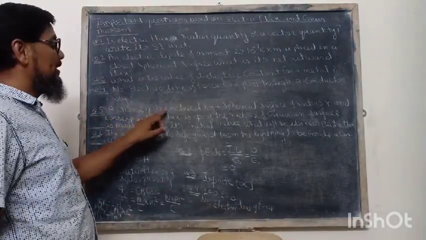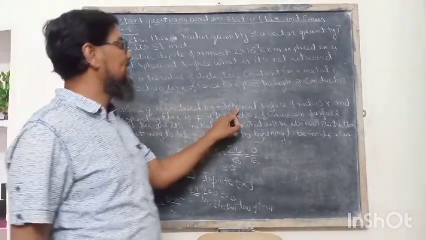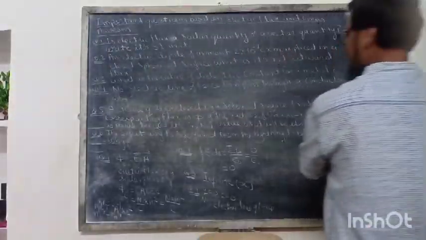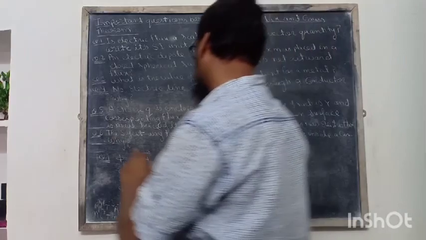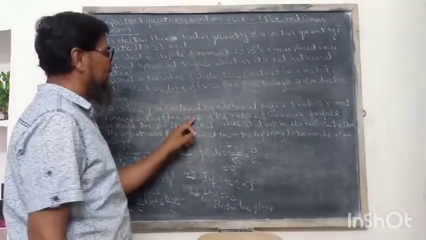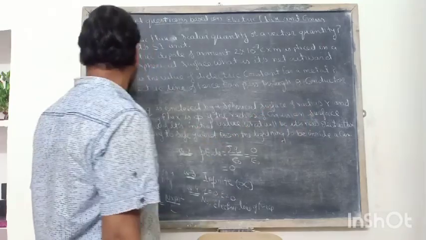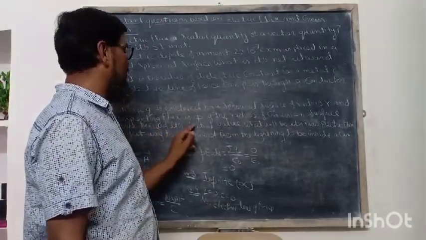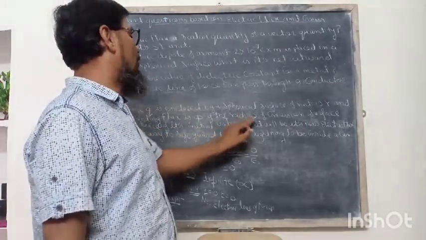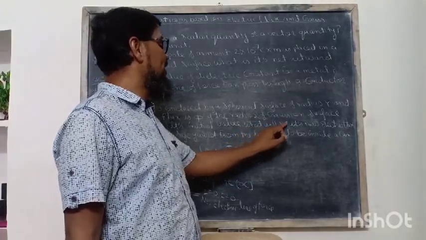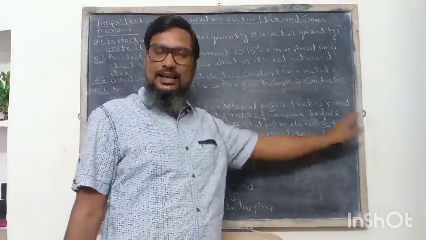A charge Q is enclosed by a spherical surface of radius r and the corresponding flux is phi. If the radius of the Gaussian surface is made twice its initial value, what will be the new electric flux?